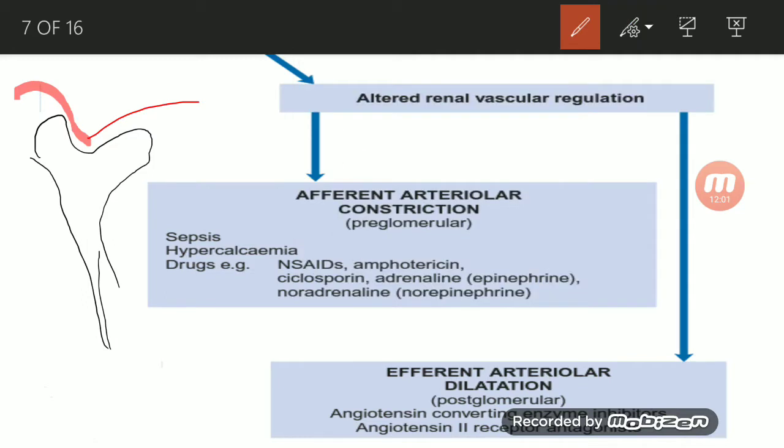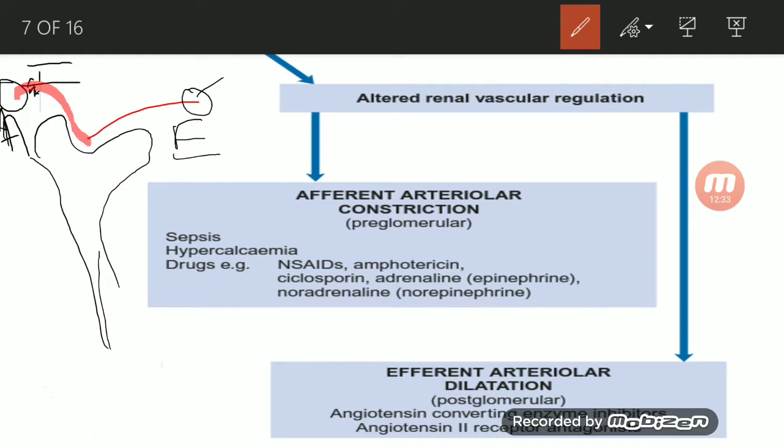There are two major arterioles, afferent arterioles and efferent arterioles. Under normal conditions, the diameter of your afferent arteriole is always large, bigger than your efferent arteriole. Even in the diagram over here, you can clearly see the afferent arterioles are wider, whereas the efferent arterioles are smaller.